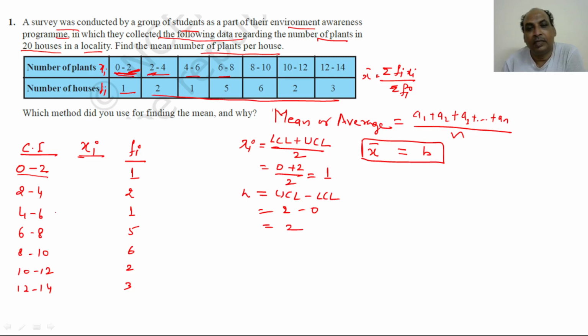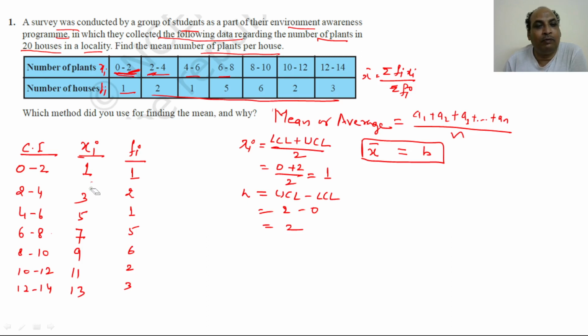Right. Now there is a very easy way which I will tell you. Now 0 to 2 has given us the average as 1. Now what do we need to do? You need not do anything. Just add the class size to the previous value for the next one. So 2 plus 1 becomes 3, 3 plus 2 becomes 5, 5 plus 2 is 7, 7 plus 2 is 9, 9 plus 2 is 11, 11 plus 2 is 13.